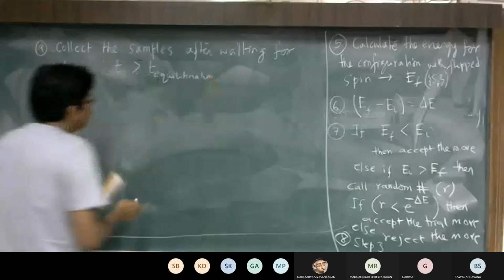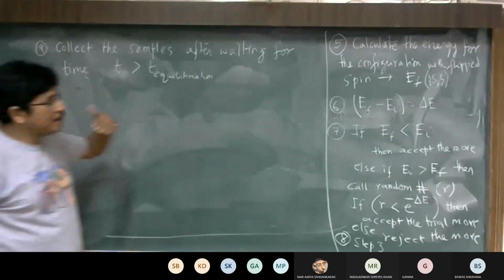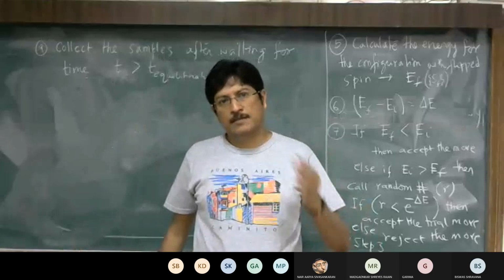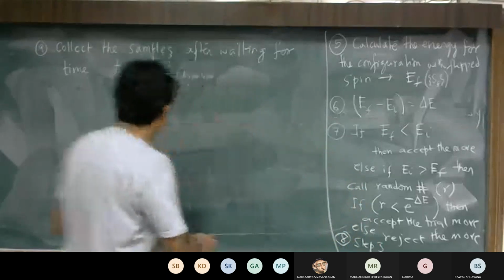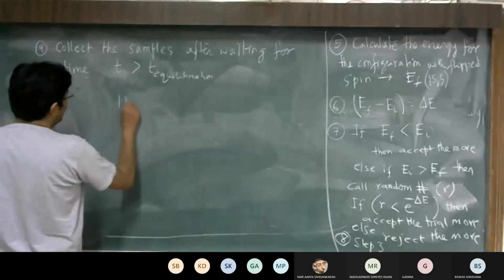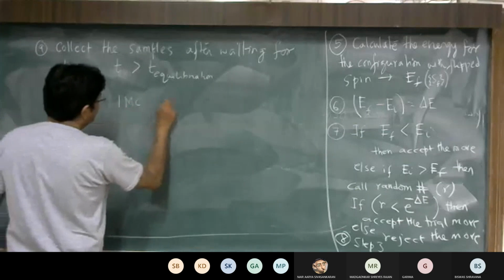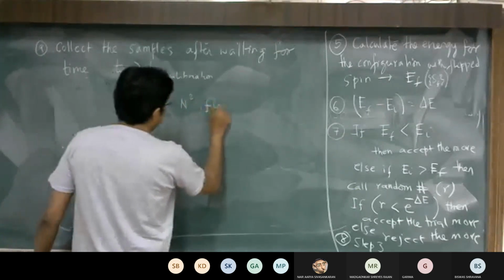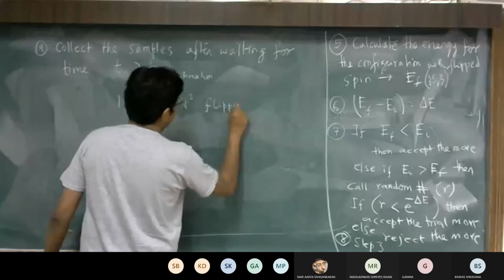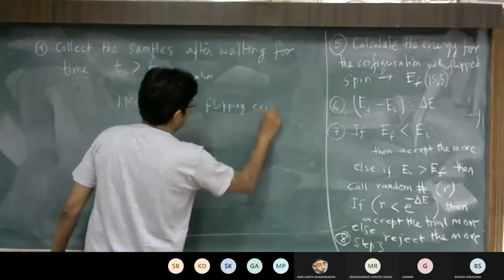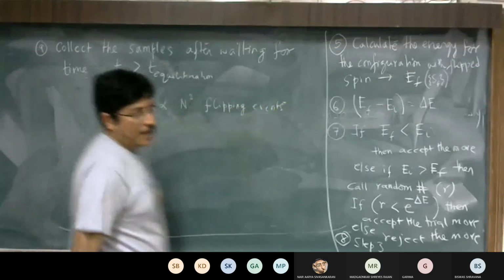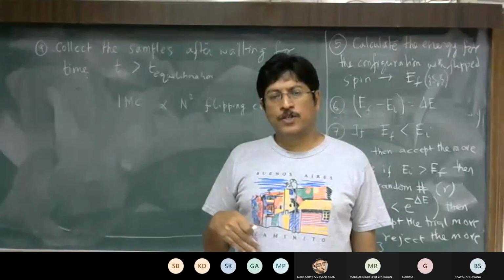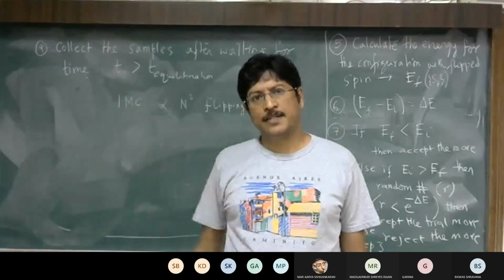That means just like in the previous problem, you can again estimate. For instance, in this particular case, I can define 1 Monte Carlo time step to be proportional to N squared flipping events. Remember, every time you are doing the trial move, you are choosing a site at random.